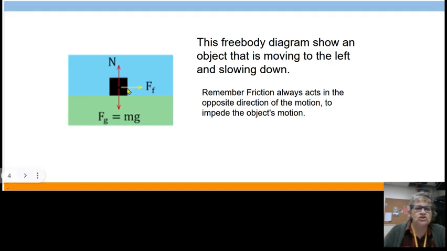So if the motion is going to the left, the friction is going to the right. Basically, whatever direction the object is moving, the friction goes the other way.